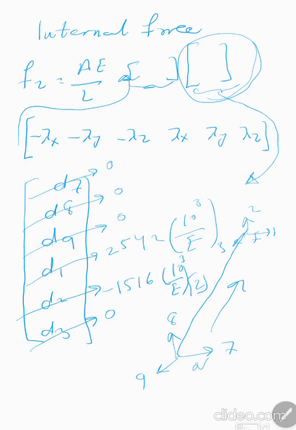Same rule and same steps for how to substitute your values of D and lambda. And also here, the internal force, you should find it for each member. Here I'm talking about member number 2.